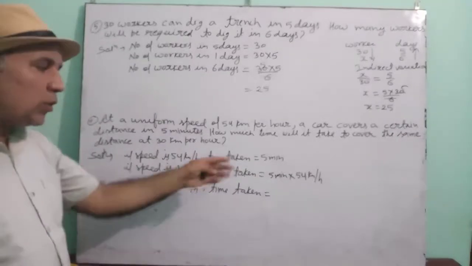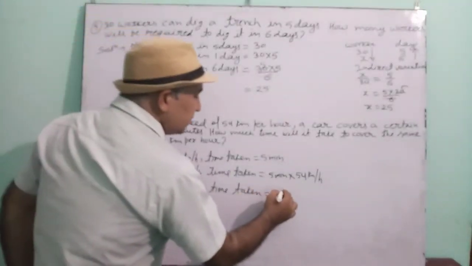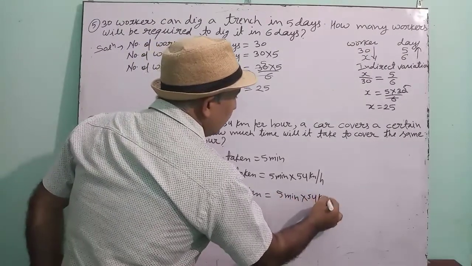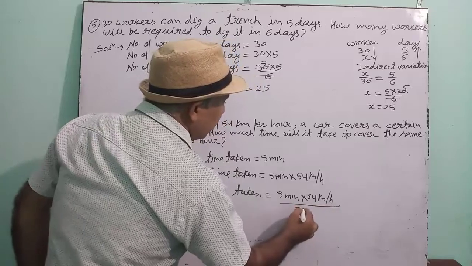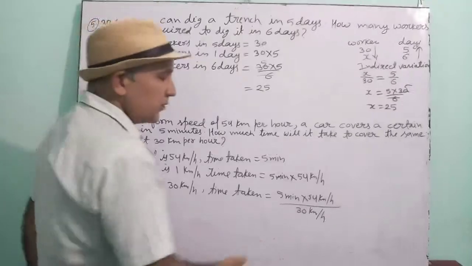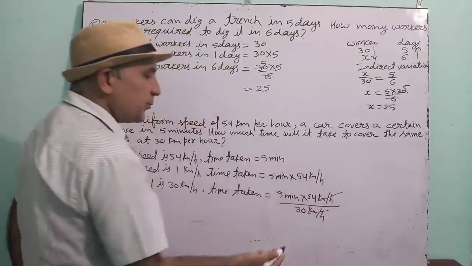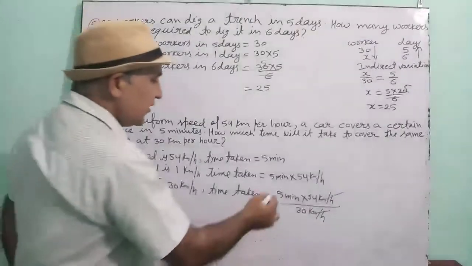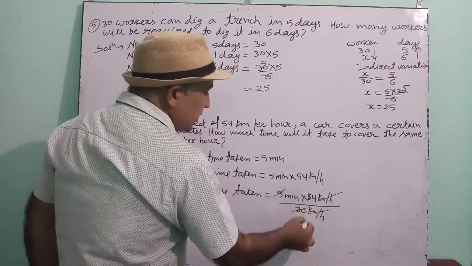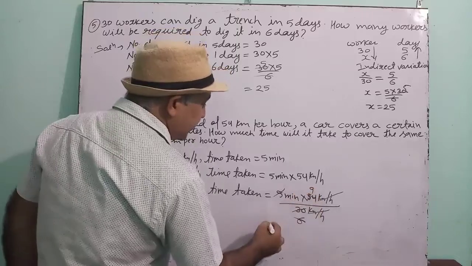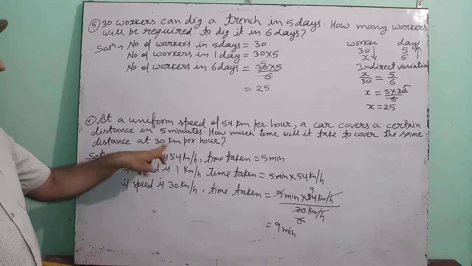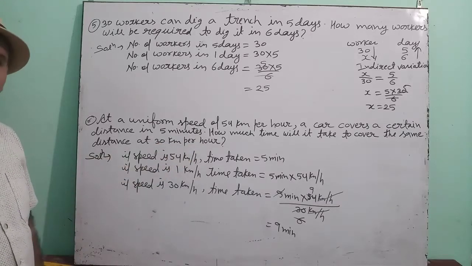If speed is more, time is less. That means 5 minutes into 54 km per hour will be divided by 30 km per hour. Understood? Now kilometer per hour are dividing each other. 5 dividing 30 by 6 times, 6 dividing 54 by 9 times, means 9 minutes will be taken if the speed is 30 km per hour.